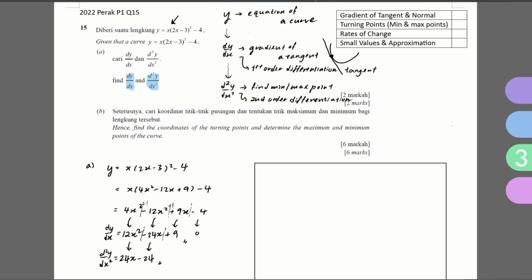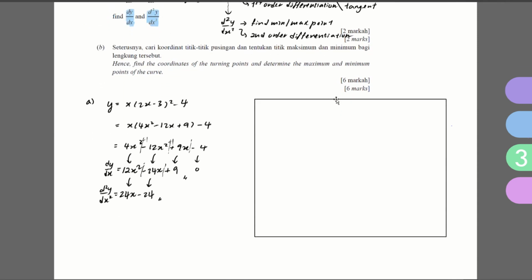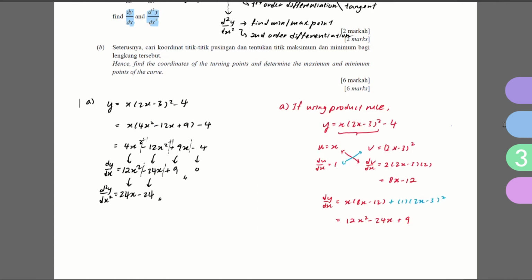You all may be wondering, teacher, can I use product rule to differentiate this equation? Actually you can, but let me show you the working for product rule. It will be a bit complicated because we need to separate the x and 2x minus 3 to the power of 2, differentiate separately and then combine them together.